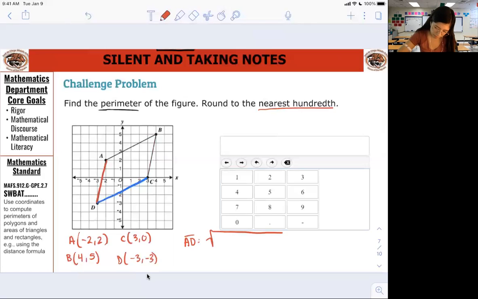AD is going to be -3 minus -2 squared plus -3 minus 2 squared. Okay, so that gives me -3 minus -2 is -1 squared. -3 minus 2 is -5 squared.